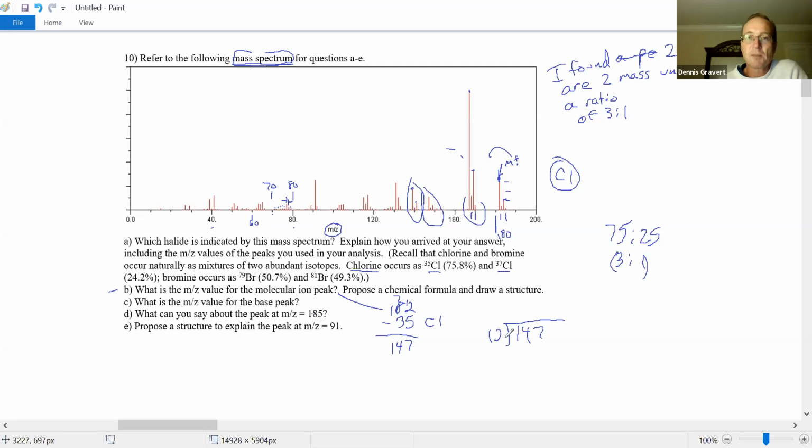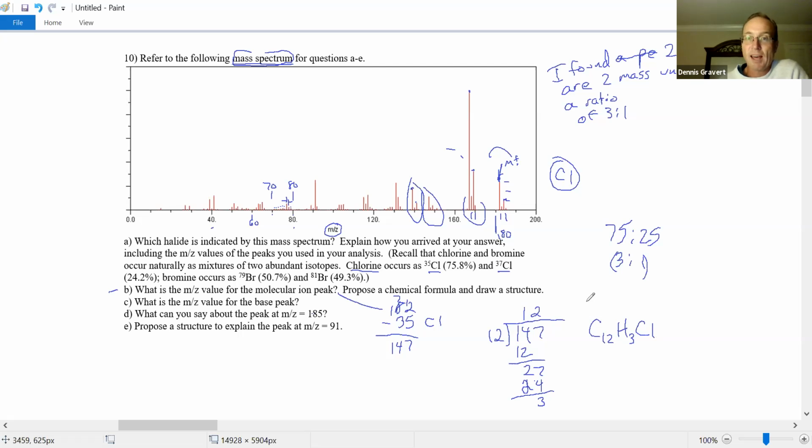Now let's find out how many times carbon can go in here. Well, 12 can go into 14 once. You got 2 left over. Bring down the 7. And then 2 times 12 is not 12, it's 24. Come on, Dennis. Subtract that, you get 3. So I got C12, H3, yuck, and then there's a chlorine.